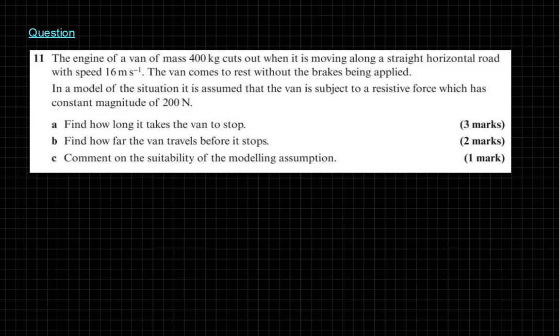Use F equals ma to find out what the acceleration is on the van, or in this case the deceleration. Once you've found the acceleration using F equals ma, then use your SUVAT equations, both for part A and for part B. Give that a go. Okay, and then you've got your answers here.